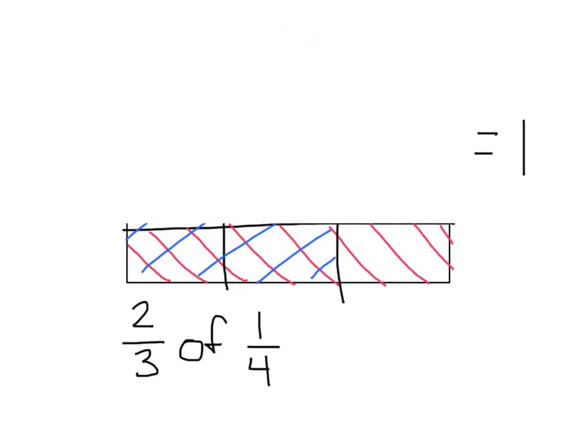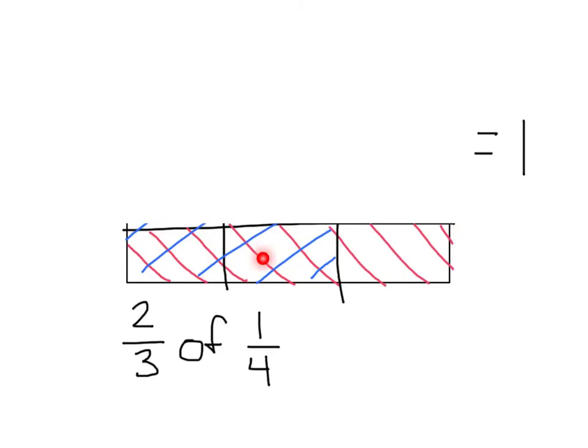Let's just look at that little 1/4 section. If we just look at the 1/4 section that we had, the 1/4 of 1 whole, which I covered up the other 3/4, we took the 1/4 and we just divided that part into 3 different pieces, and then I shaded in 2.